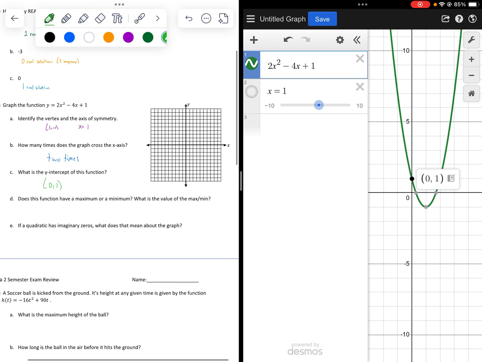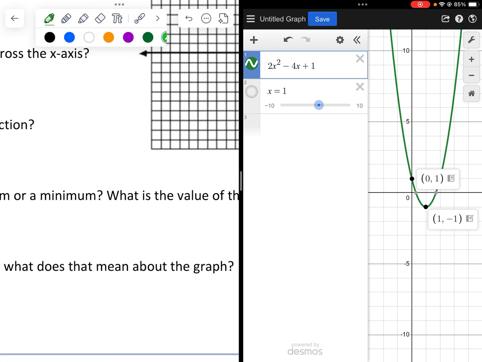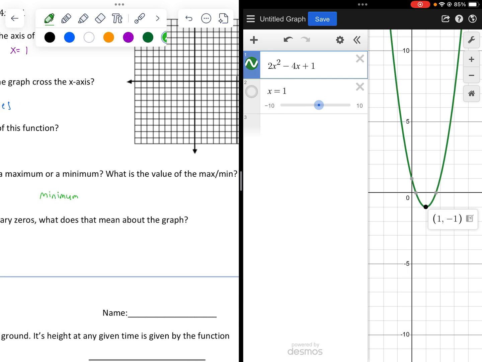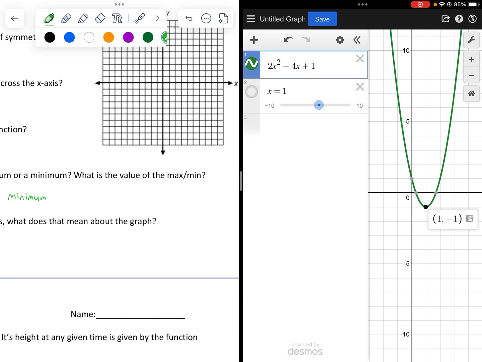And this function has a minimum because it has a lowest point right there, which is the vertex. And what is the value of the max or min? That means the y value. So the min is the y value of the vertex, which is -1.